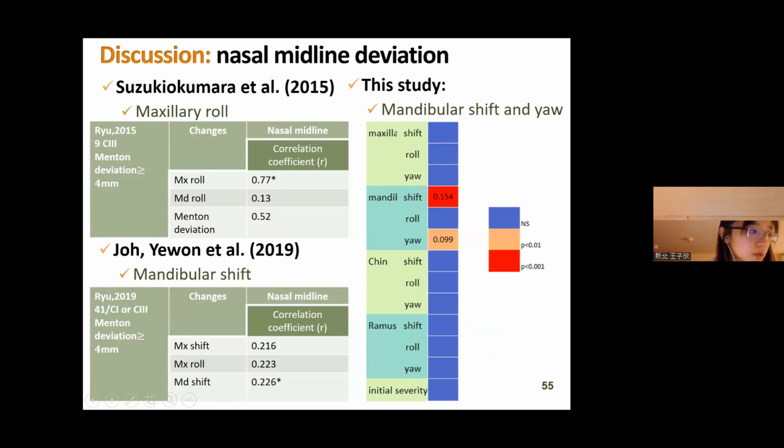And in the Jung study, they found the same result as us. They also found that mandibular shift was the main factor of post-op nasal midline deviation. The reason for this result may be that we usually need to sacrifice the nasal midline in order to achieve favorable overall facial asymmetry, especially in the mandible.